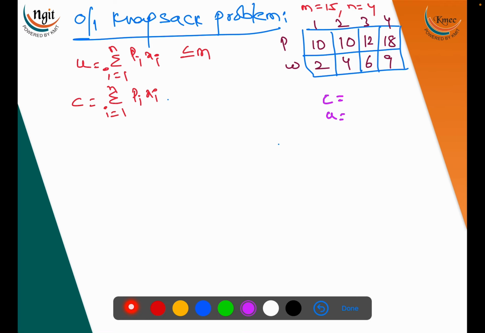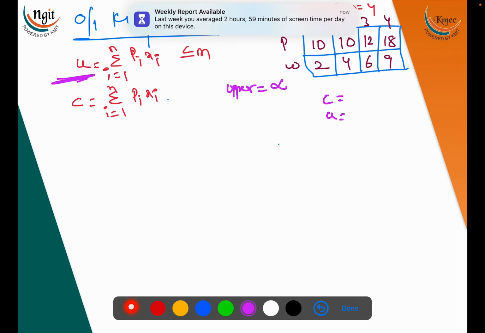First of all, the upper value is infinite. So find out the upper value. How can I find out the upper value? This is the formula: summation of i equal to 1 to n, pi xi, less than or equal to m. So find out the u value.